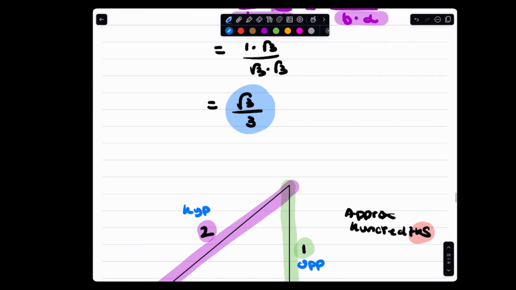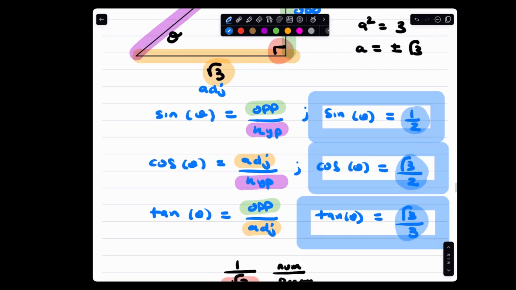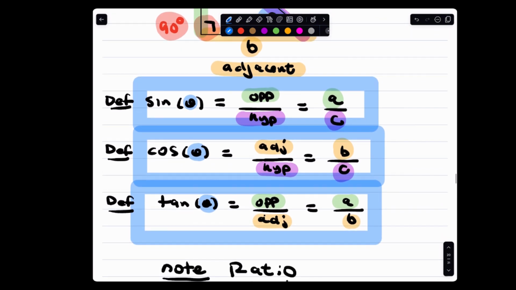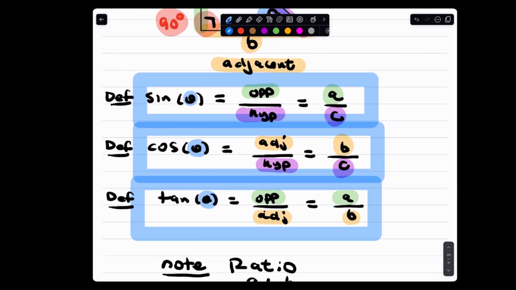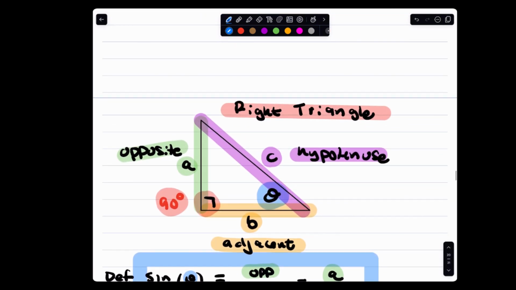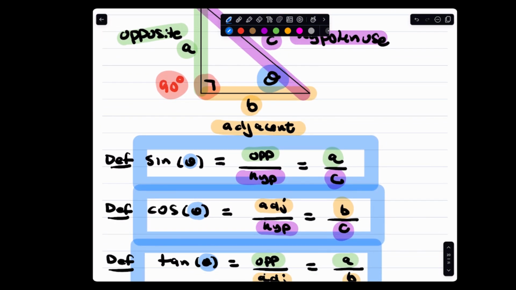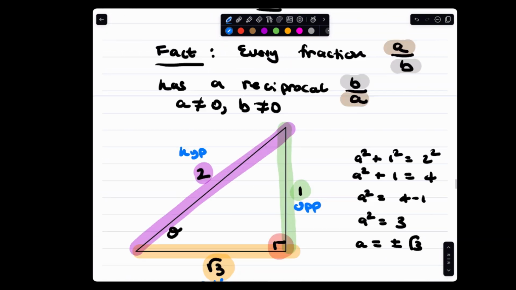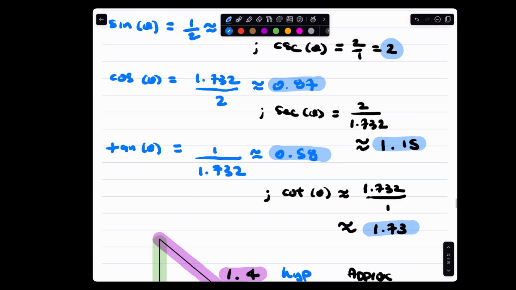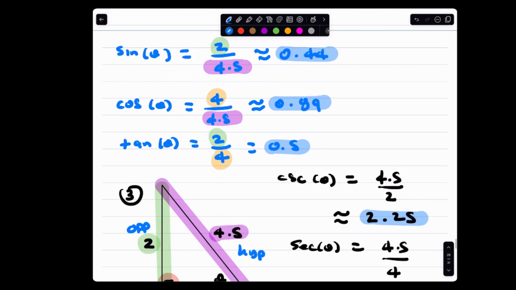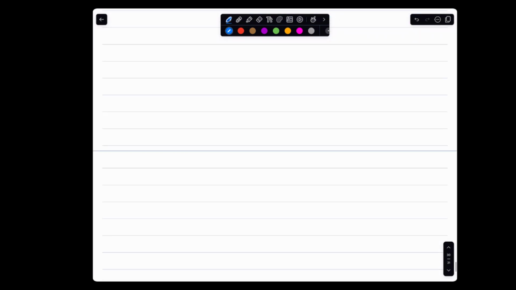Note to self: know these definitions. Where is it? There we go. We're using the definitions, okay? And that's why, because we can't use the others. They don't help us. And that's the short answer.